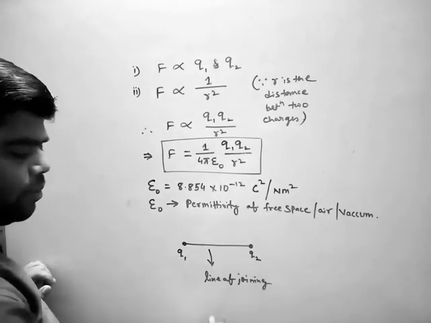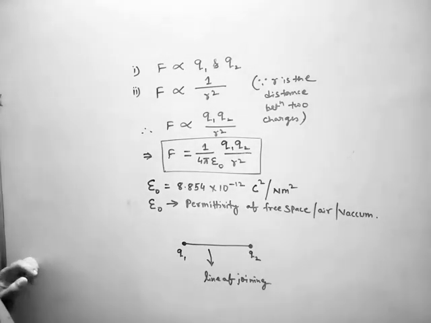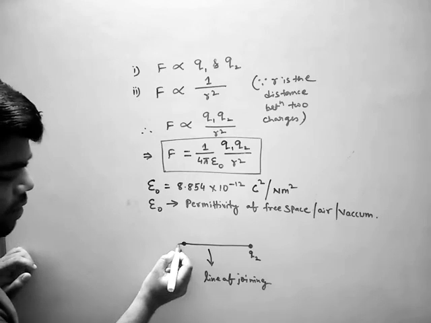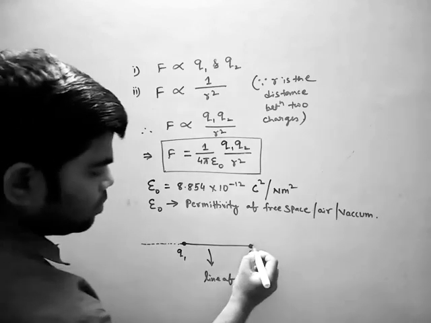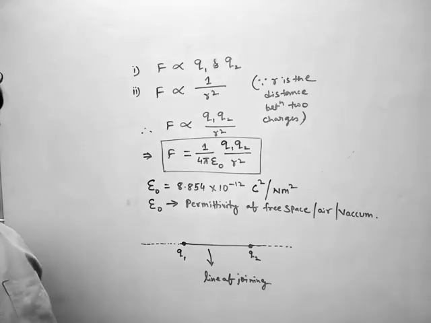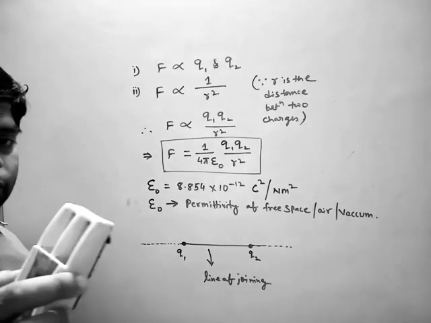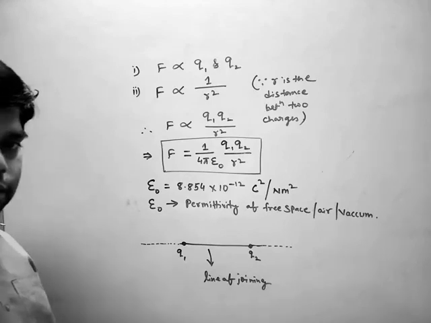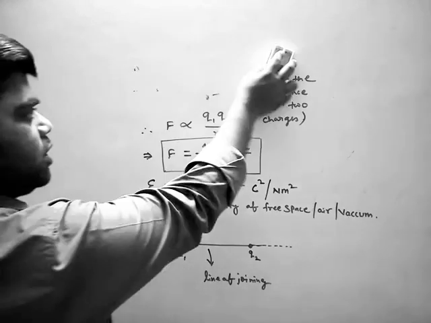Maybe it is plus, maybe it is minus. The line of joining can be extended outside also, but it should always be in between the two. Is it clear?